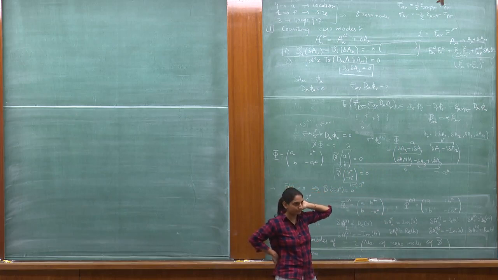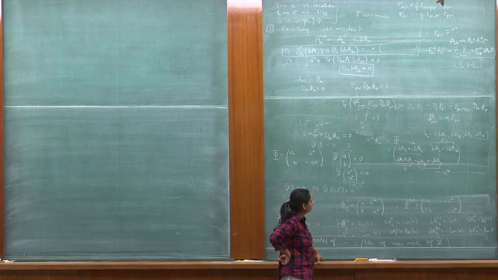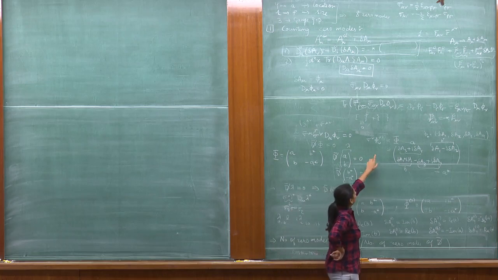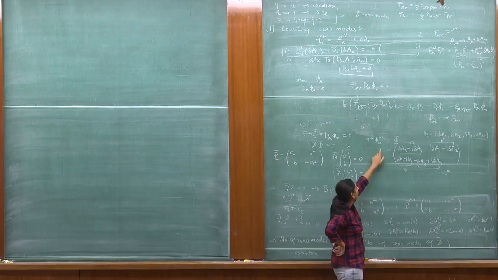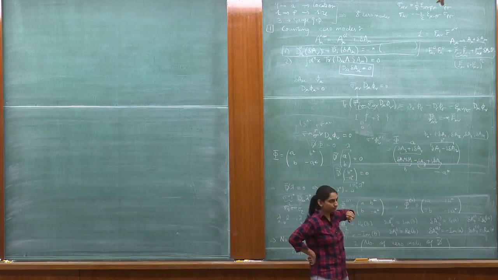Correct. But let me go through step by step to see what object each is. So phi there was a 2 cross 2 matrix. Then you decomposed phi in this form. I am thinking of phi here as a vector, so phi has a new index also. But it was a 2 cross 2 matrix independent of the fact that I had a vector index.